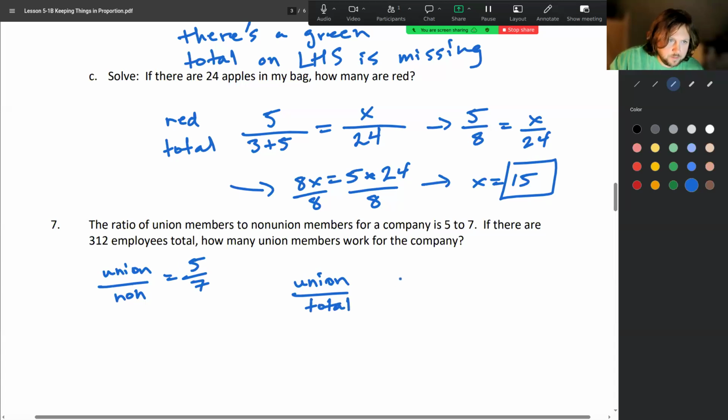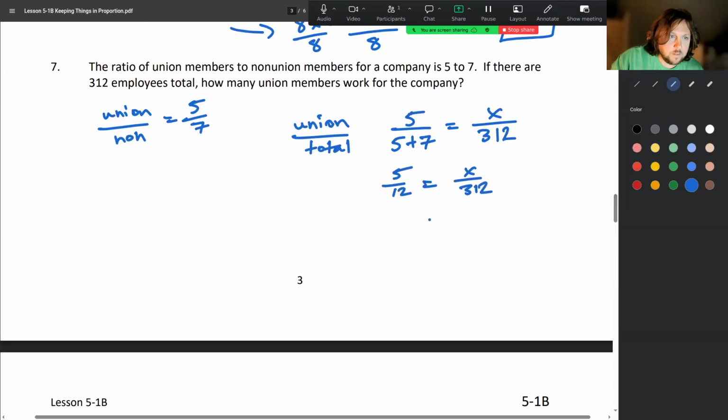So we have 5 over 5 plus 7 would be equal to x over 312. Okay, so that's 5 over 12 equals x over 312. So we get 12x equals 5 times 312. Divide both sides by 12.